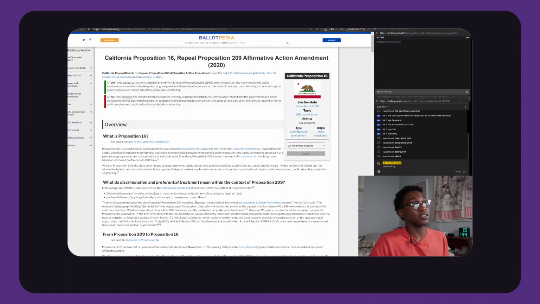This includes people with disabilities. Actually, I don't think this includes people with disabilities specifically, but it should. It goes off of race, color, sex, ethnicity, national origin. And this is for things that relate to public employment, education, and contracting.